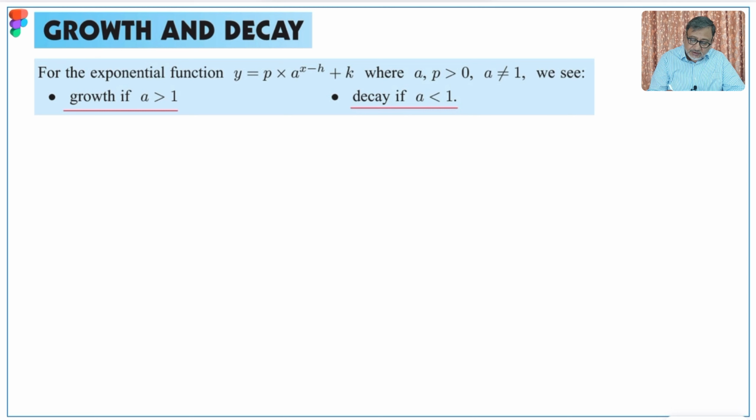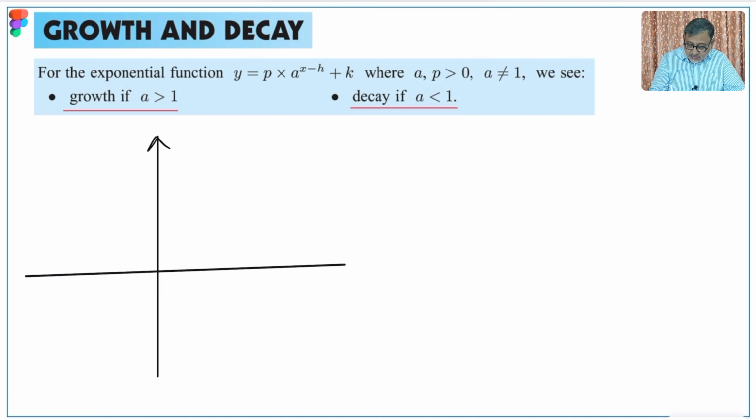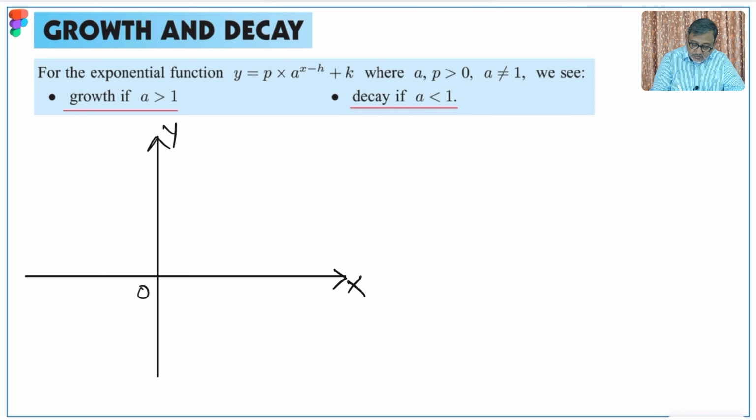Anyway, I will draw again because maybe you didn't get it. This is the x-axis, this is the y-axis. So the growth graph is something like this, going up, and here it goes to infinity.